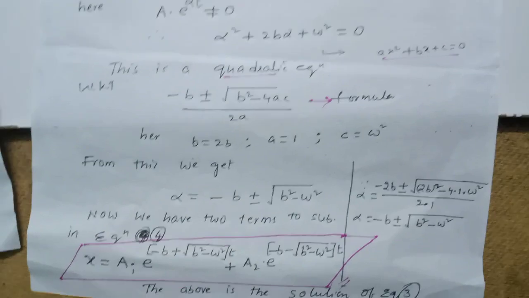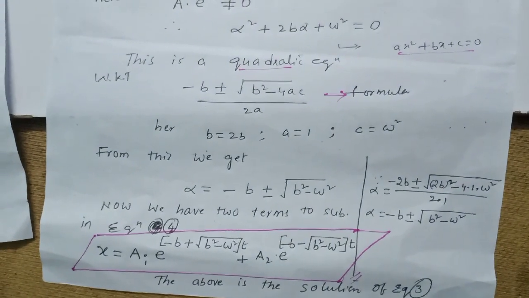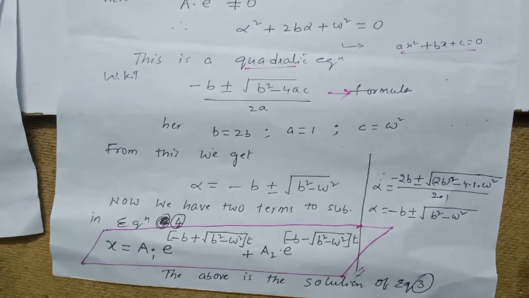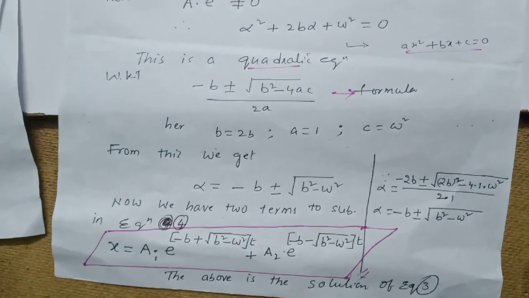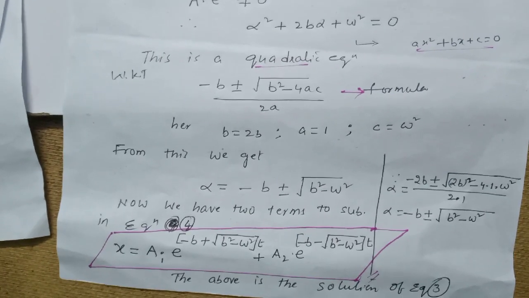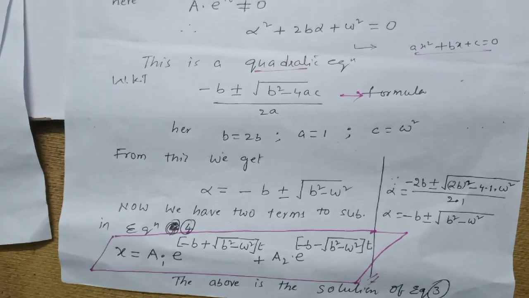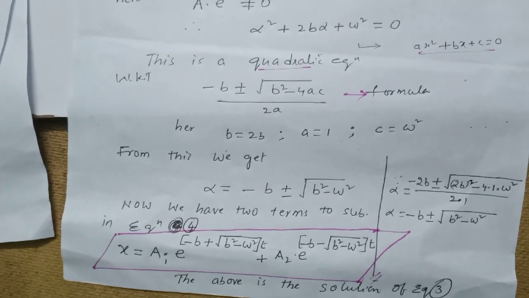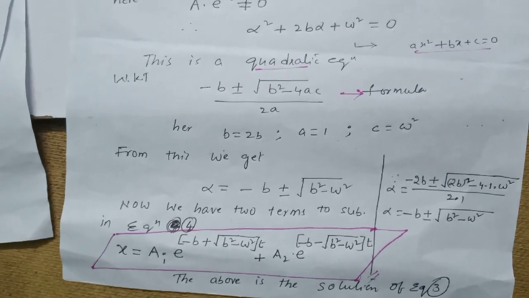Now in this answer we have two terms, one positive and another negative. That is, alpha equals minus b plus root of b square minus omega square is one term, and the next term is alpha equals minus b minus root of b square minus omega square.